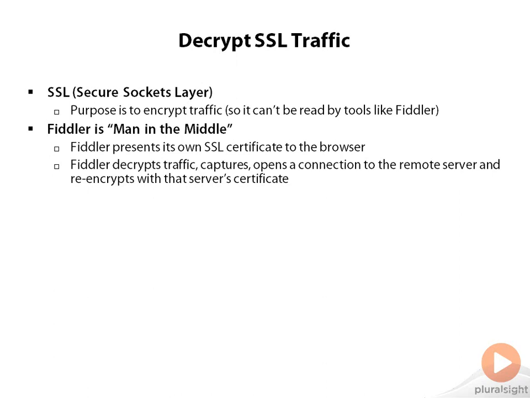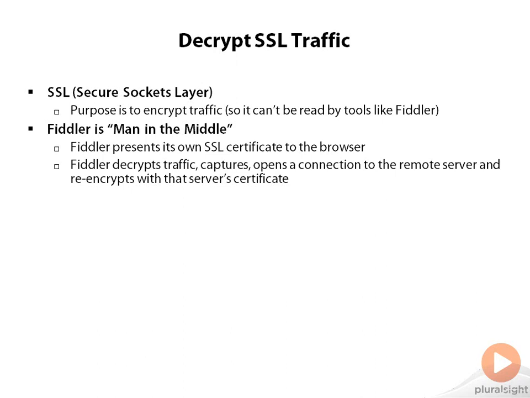So what Fiddler does is it creates its own SSL certificate. In a normal SSL conversation, the server would install an SSL certificate that it uses to encrypt the traffic between the browser and the server. What Fiddler does is it creates its own SSL certificate and presents that to the browser as if it was the web server certificate.